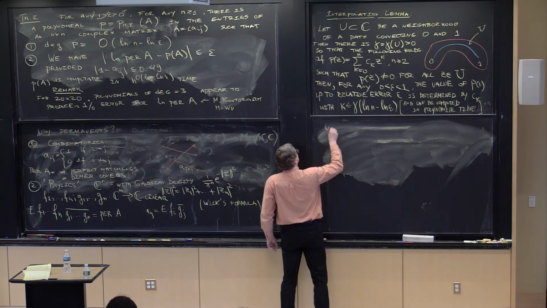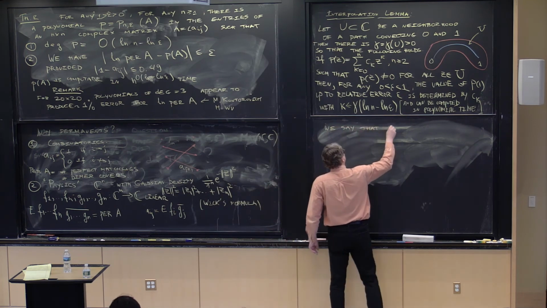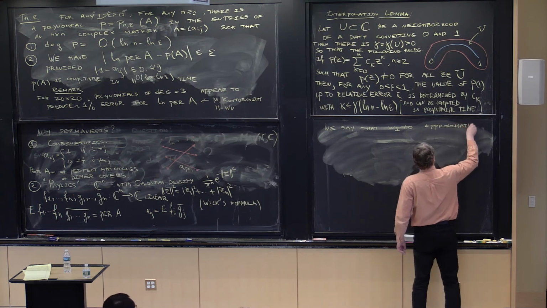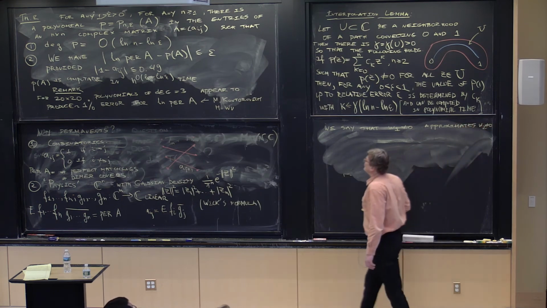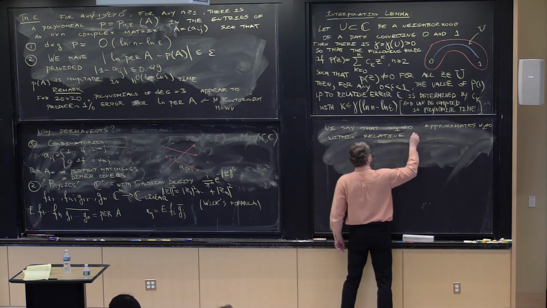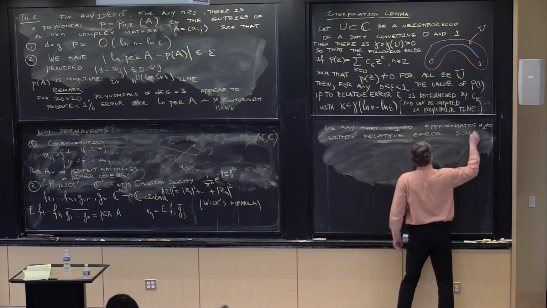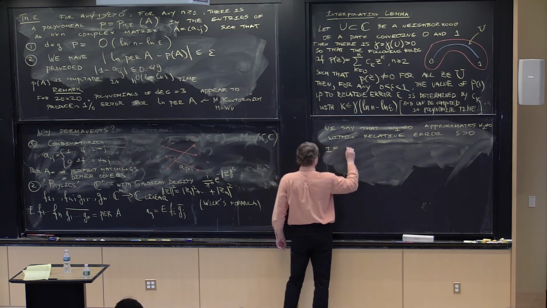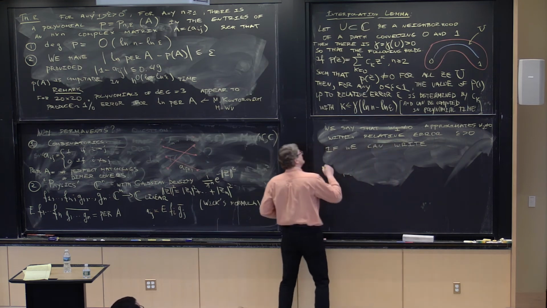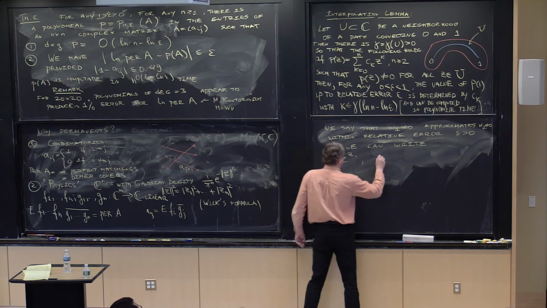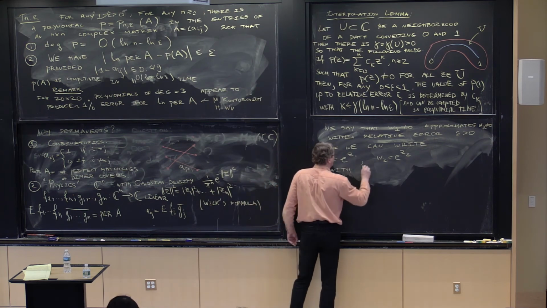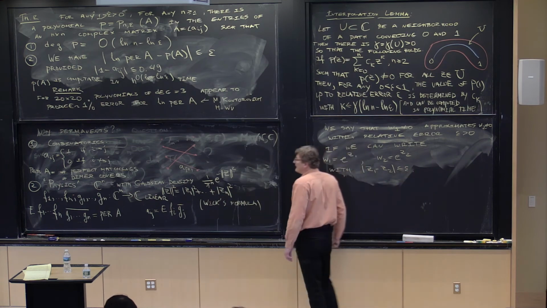So we say that W1, which is not 0, approximates W2, which is not 0, within relative error epsilon if we can write W1 equals e to the z1, W2 equals e to the z2, with the absolute value of z1 minus z2 not exceeding epsilon.